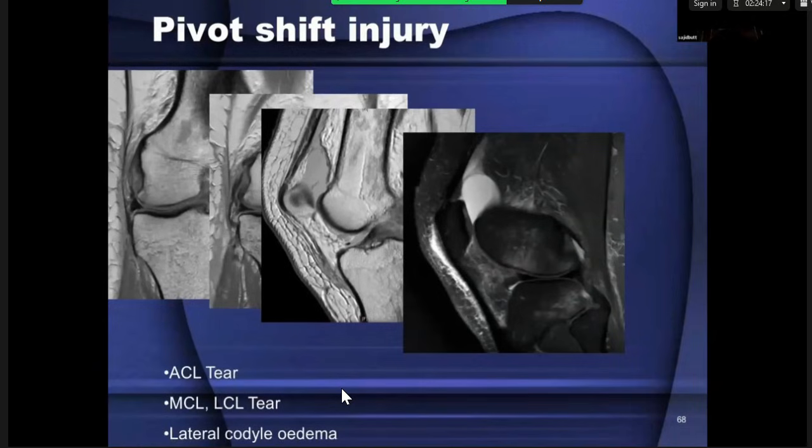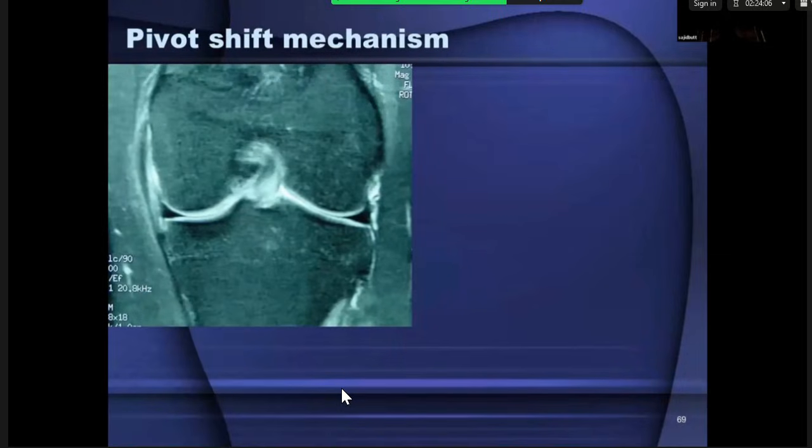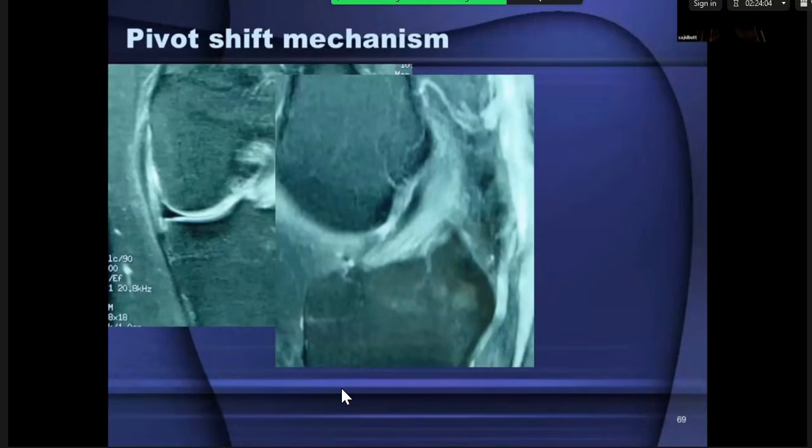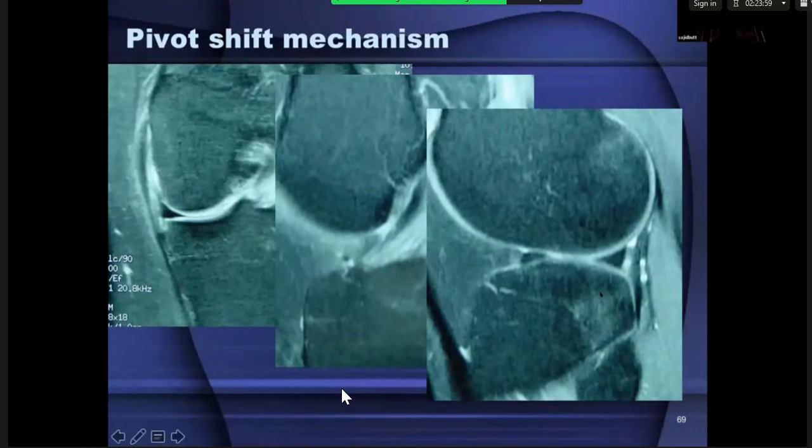So you get injury to the ACL, you get injury of the medial collateral ligament, you can get lateral collateral ligament tears, and the characteristic edema on the lateral and medial sides. ACL injury again, and the characteristic bone bruising present here. So this again is an exam case.